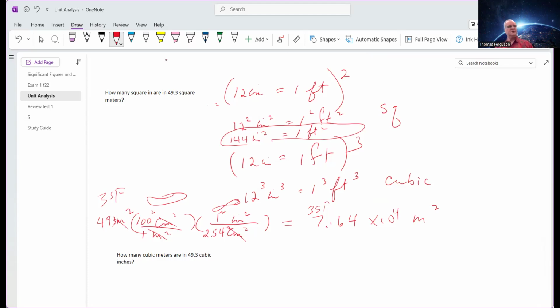Okay, now all of you at your seats, try to do this on your own calculators. See if you get the same answer. We're solving for square inches.